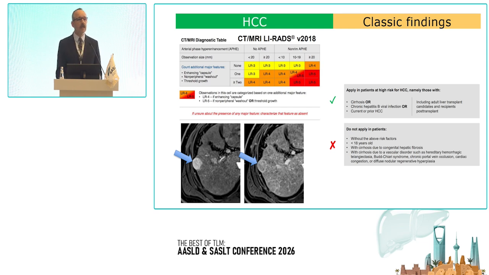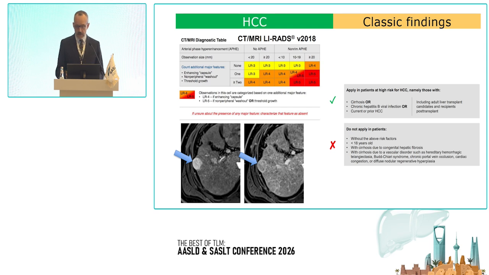This is the typical table we use as radiologists, and it is based on LI-RADS. And LI-RADS always deals with hyperenhancing lesions in the arterial phase, and the main feature is washout. There are two other features, an enhancing capsule, and growth over time. But mainly it is washout.